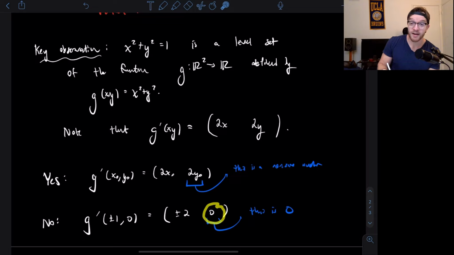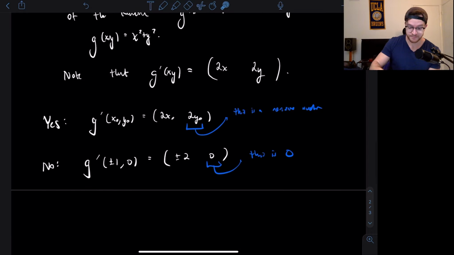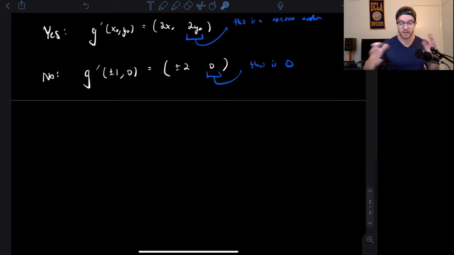When it's not invertible, the answer is no. That's what we're heading towards. Now I need to build up some notation in order to state the theorem precisely, but this is what we're working towards.